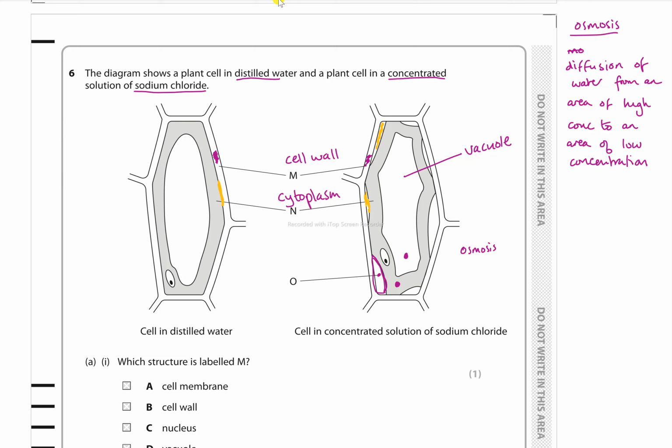It's better to say from an area of high water potential to an area of low water potential, through a partially permeable membrane. Right, there you go.